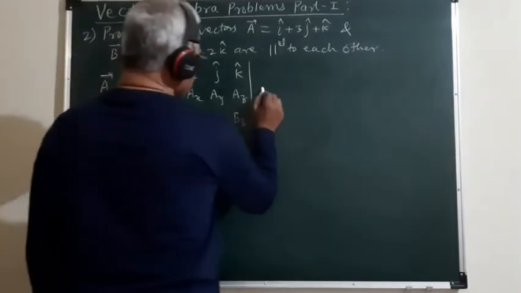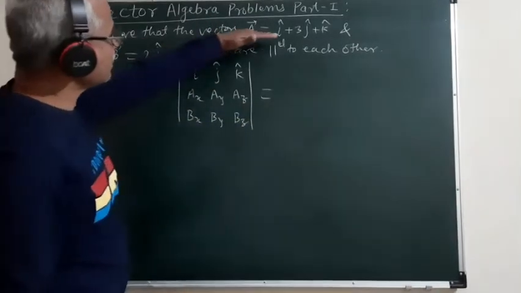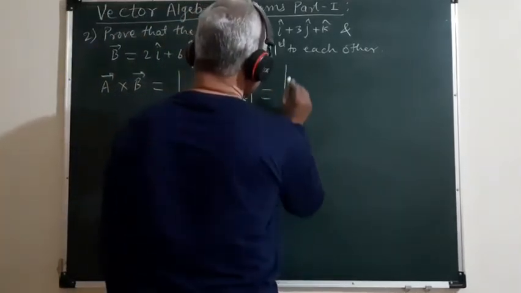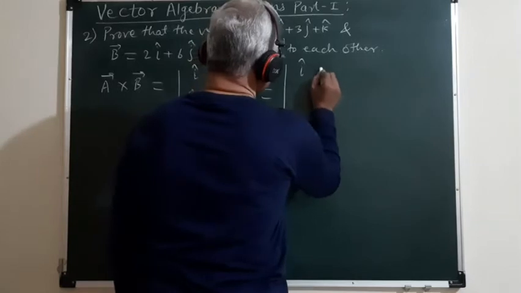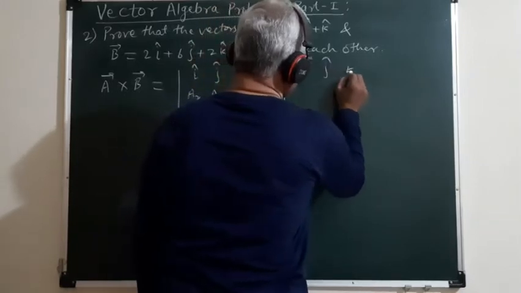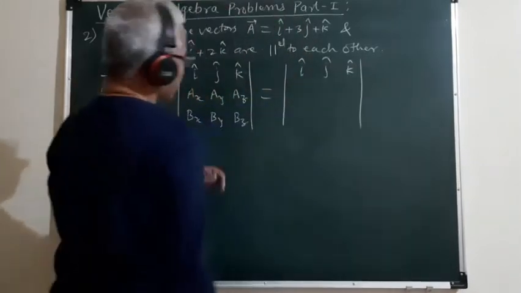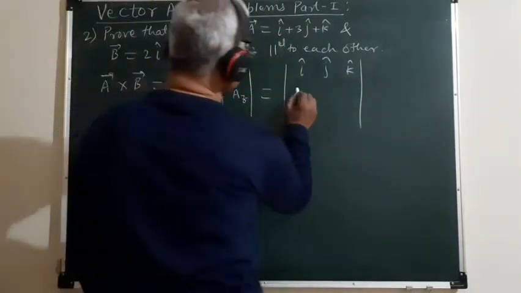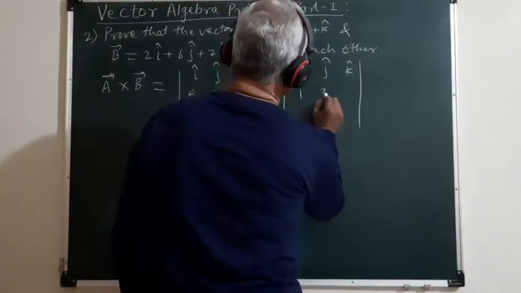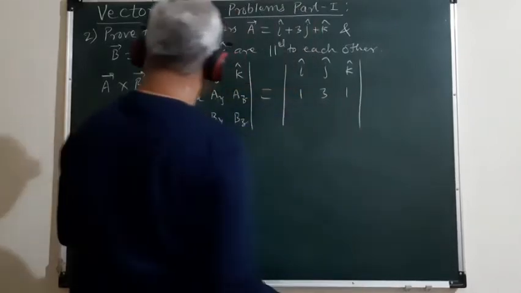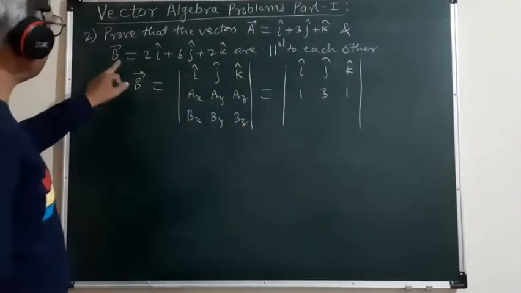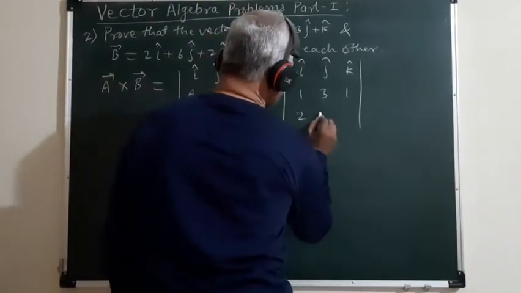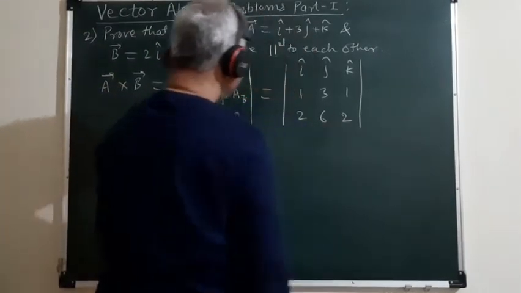So using these vectors a bar and b bar here, we can express it as, the first row is the unit vectors i, j, k. The second row is the components of the vector a bar, so it is 1, 3, 1, and the third row is the components of the second vector in the product, that is 2, 6, 2.